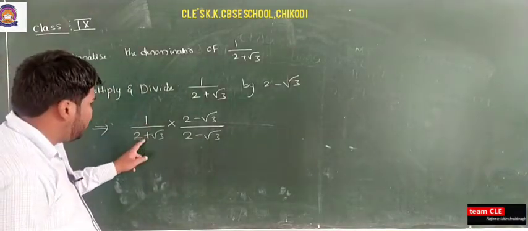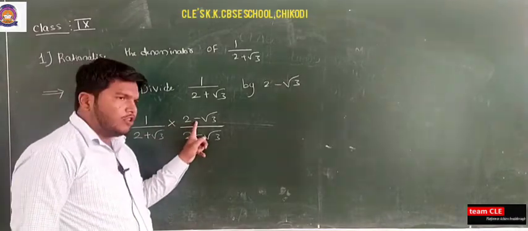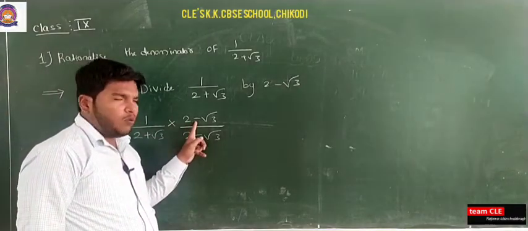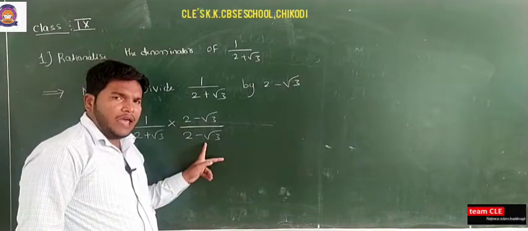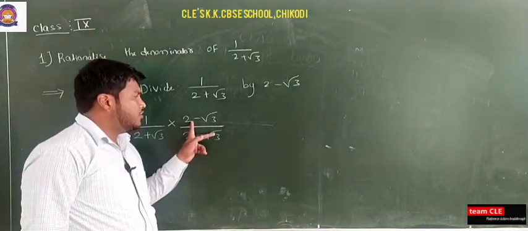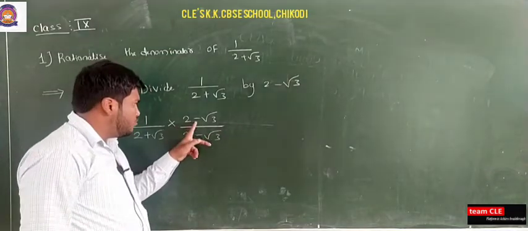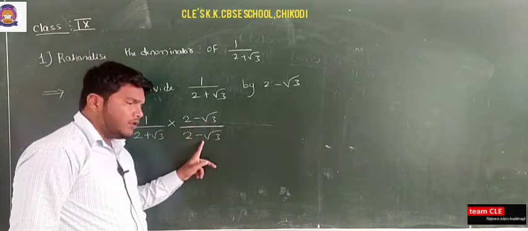So 1 divided by 2 plus root 3 into 2 minus root 3 divided by 2 minus root 3, just changing the sign.